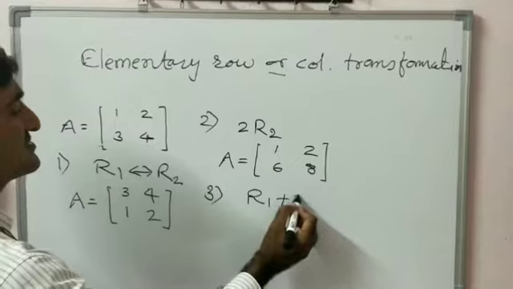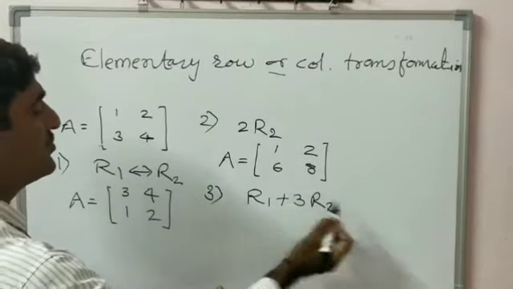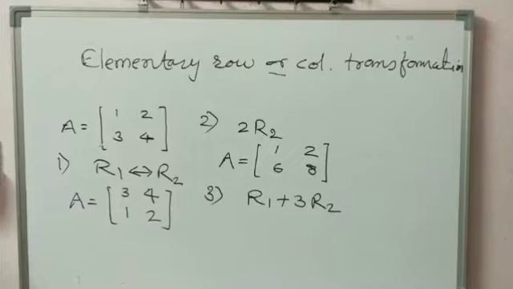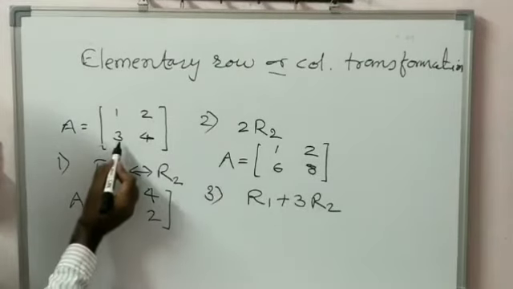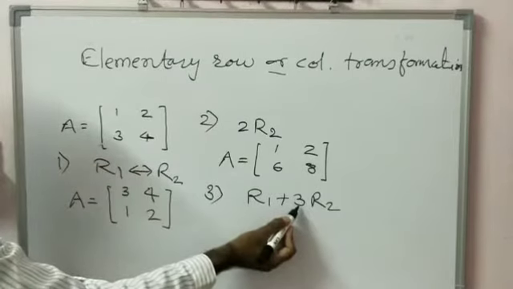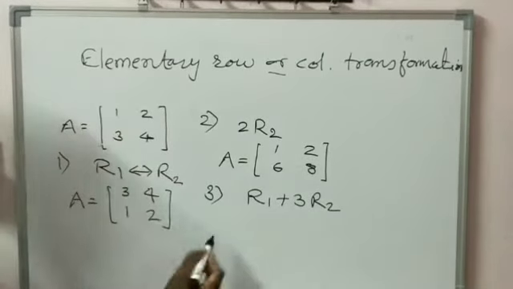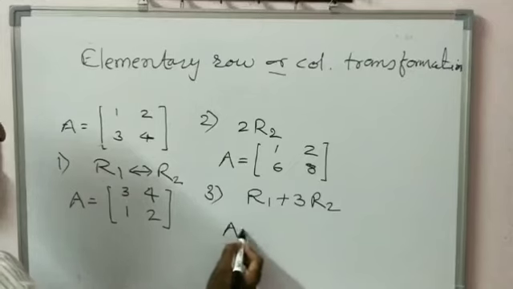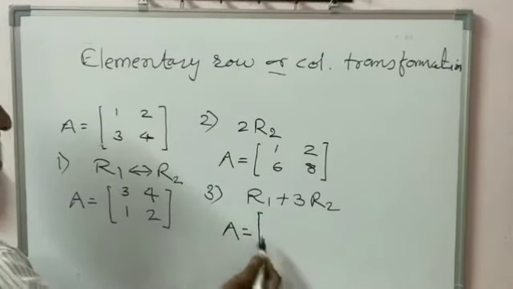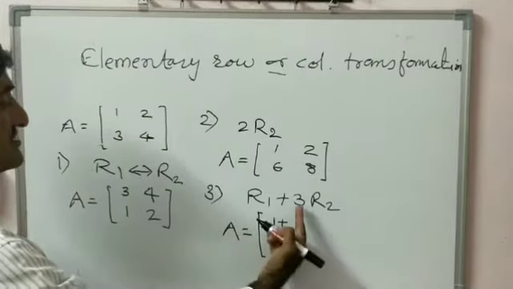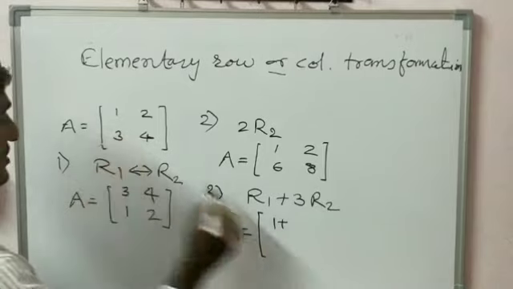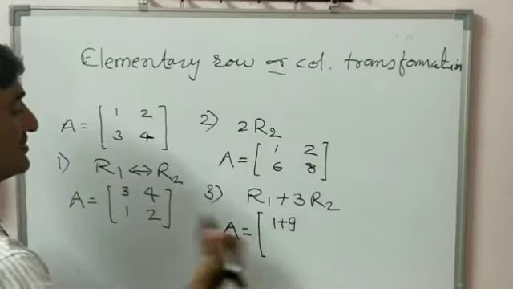R1 plus 3 times R2. What is the meaning of R1 plus 3 times R2? It means we add R1 and 3 times R2. Multiply this row by 3 and then add to R1. Therefore, matrix A becomes like this. R1 plus 3 times R2: 1 plus 3 into 3, 9, that is 10.